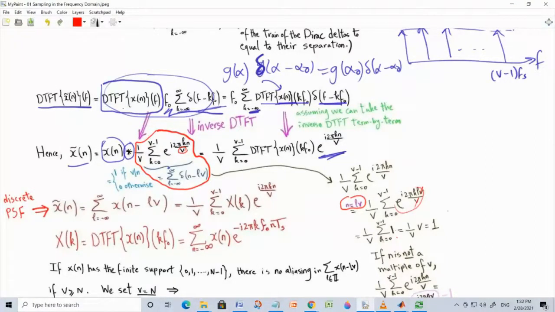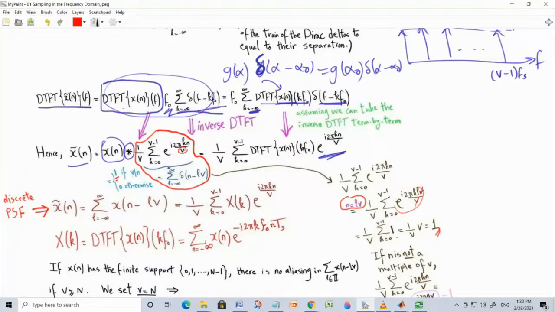You divide by v, and so you get a 1. So if n is an integer multiple of v, if n is divisible by v, then this summation, together with the scale factor, gives you exactly 1.